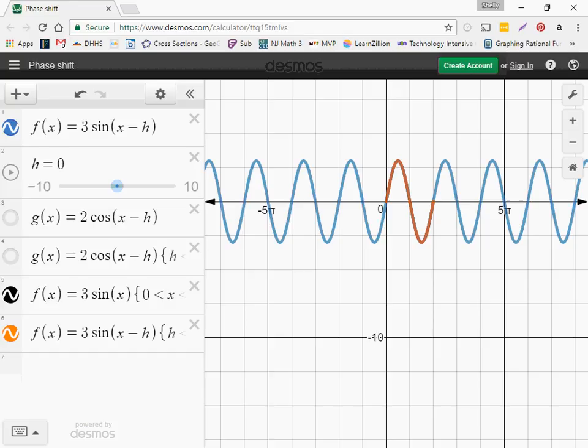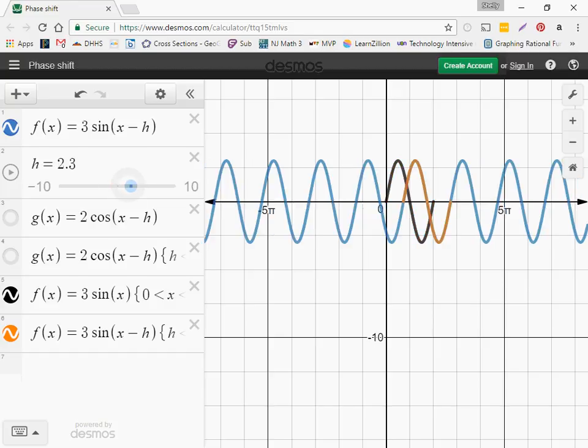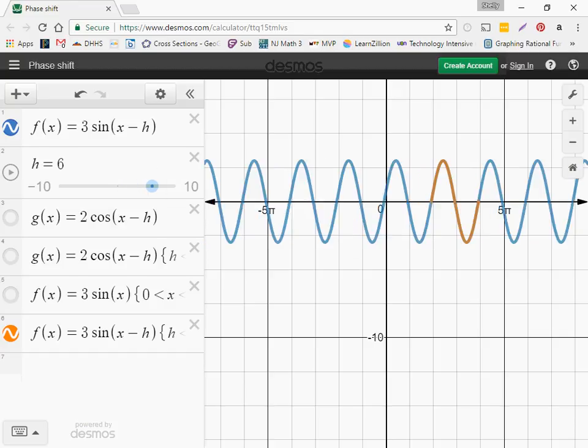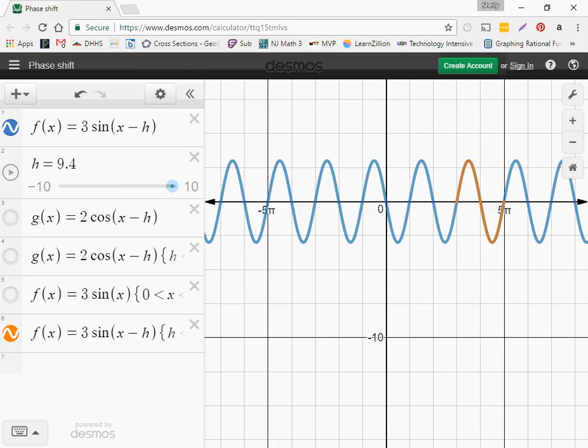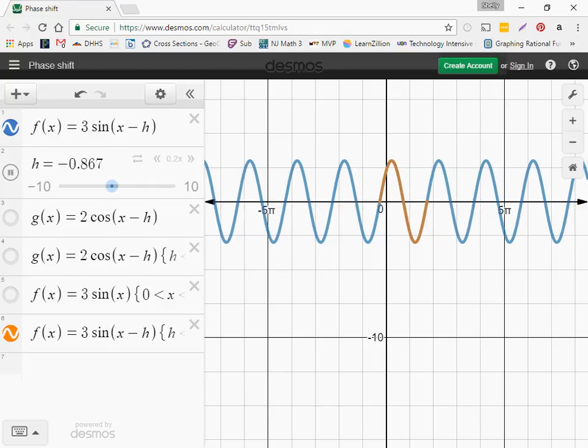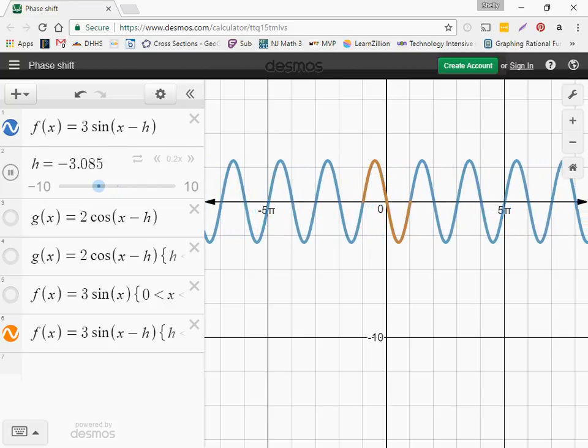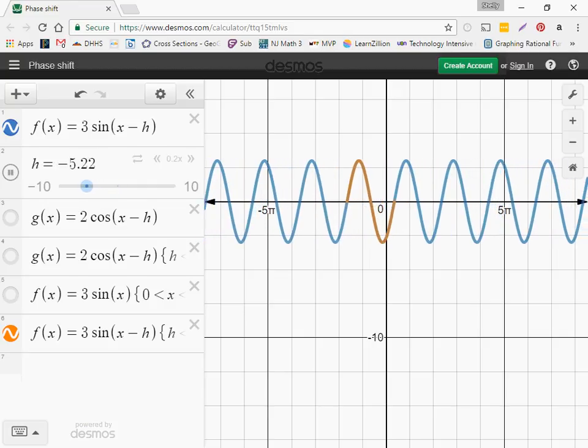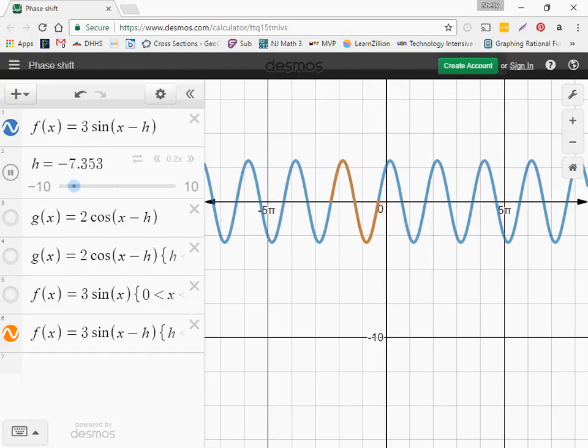We can change the h value, and as we change it, let me turn that black one off, it is basically just shifting the starting point of that particular cycle that normally starts right at 0. So essentially we are literally sliding this function to the left or to the right by whatever the h value is in our function.